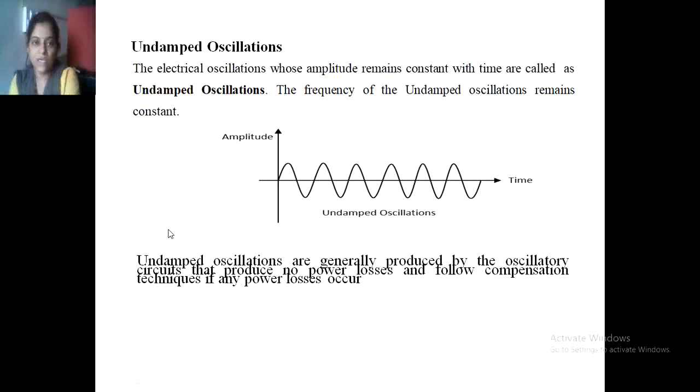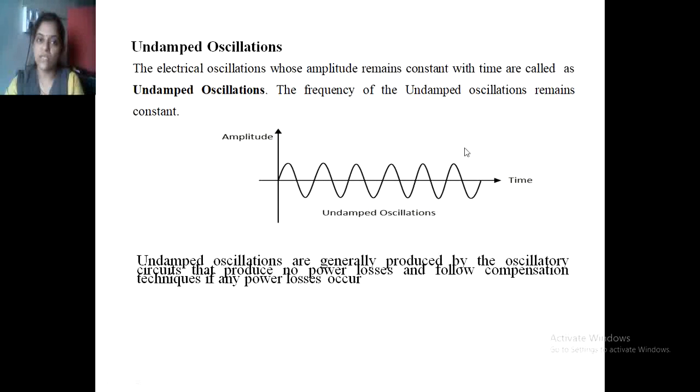Now let us see undamped oscillation. The electrical oscillations whose amplitude remains constant with time are called undamped oscillations. The frequency of an undamped oscillation remains constant.